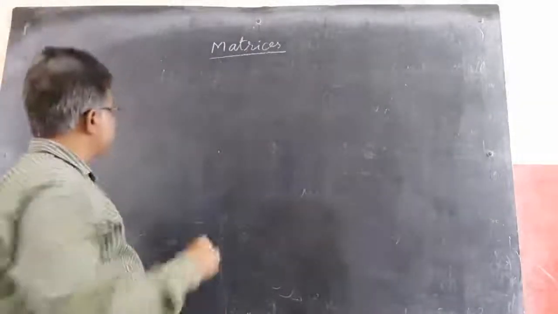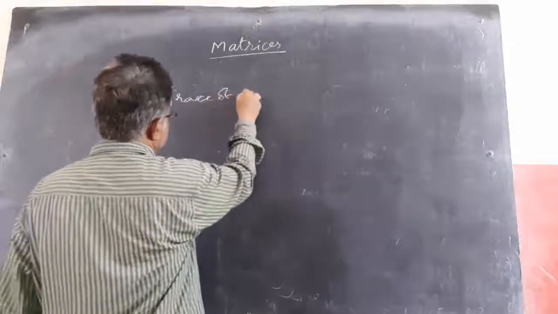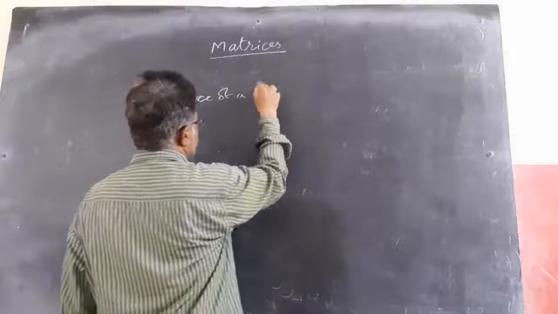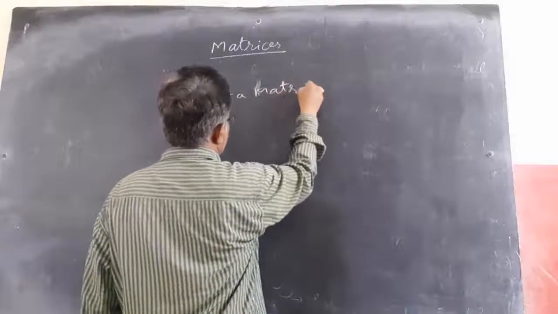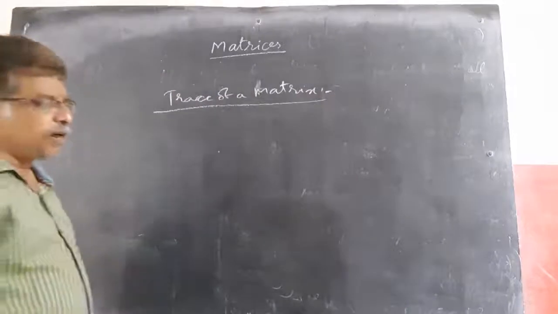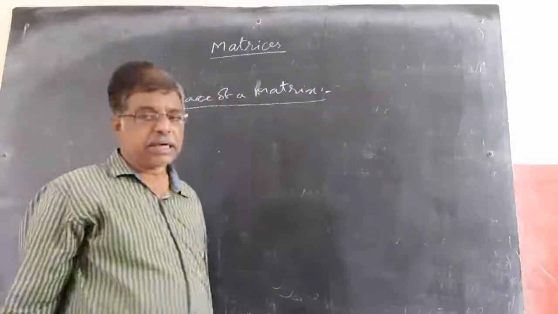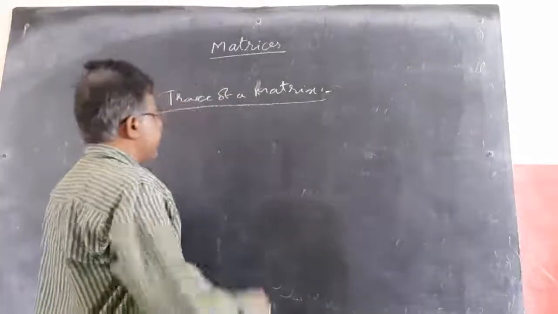Trace of a matrix. Trace means the sum of the elements of the principal diagonal in a square matrix is called the trace of the matrix.